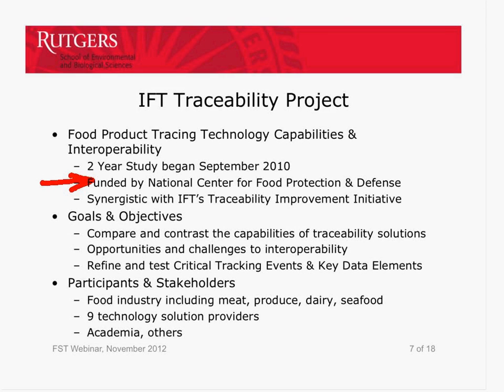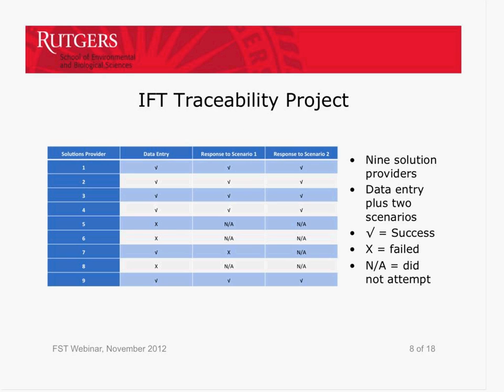The participants and stakeholders include people from the food industry across a wide variety of commodity sectors, and 9 different technology solution providers. These are 9 different companies that volunteered to be a part of the project. They had technology that promised to deliver tracing capabilities, and then of course people from academia and other locations as well.